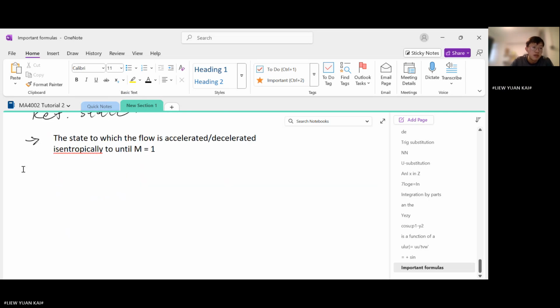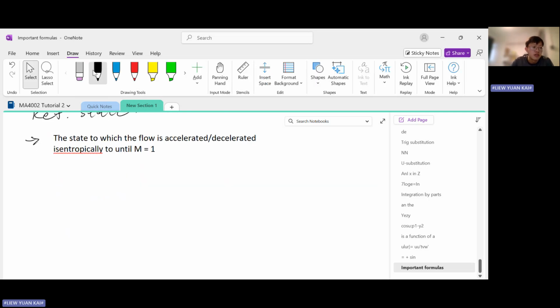So how do we denote the properties of the critical state? We denote its properties with an asterisk or a star.